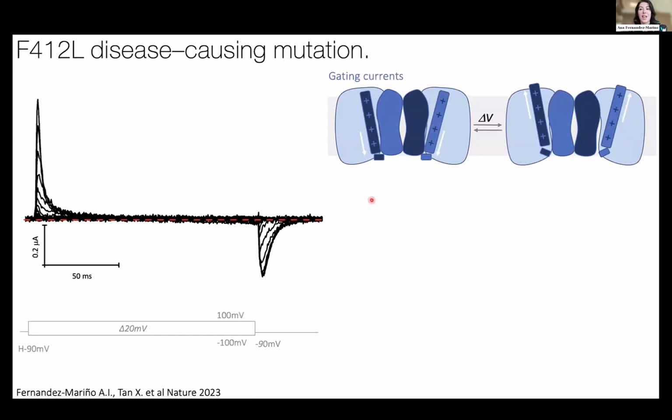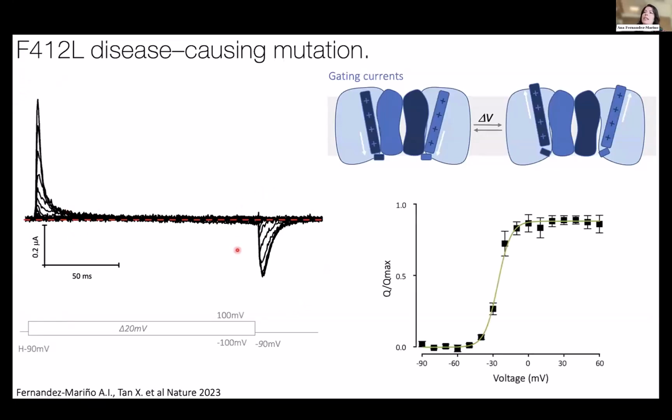And that was fascinating because a gating current is the reflection of the gating charge movement across the membrane electric field in response to different voltages. You can see here how upon depolarization, you can observe the on-gating currents and the off-gating currents upon hyperpolarization.